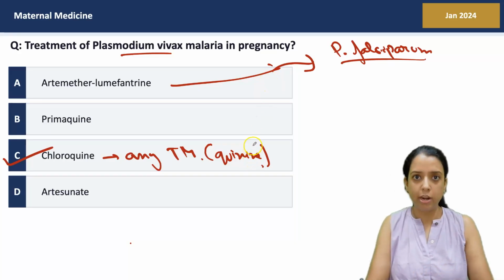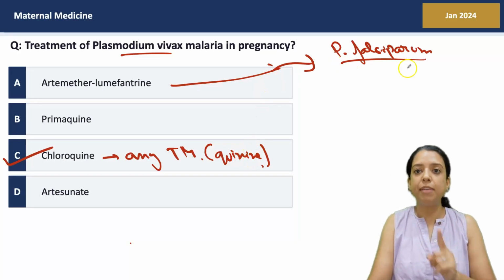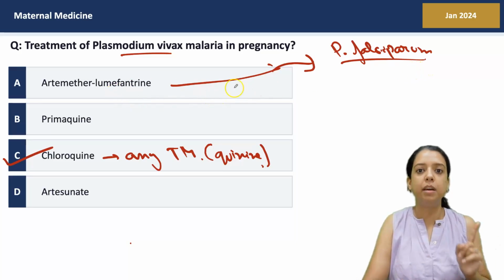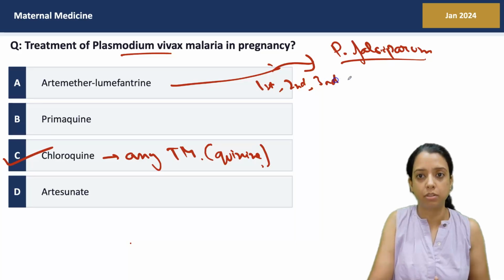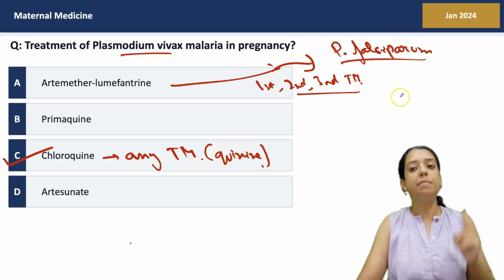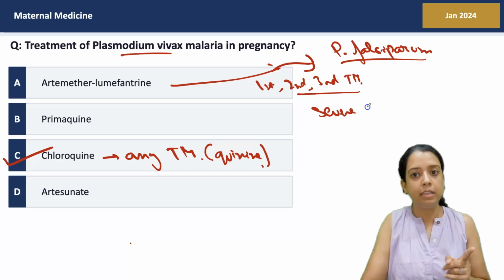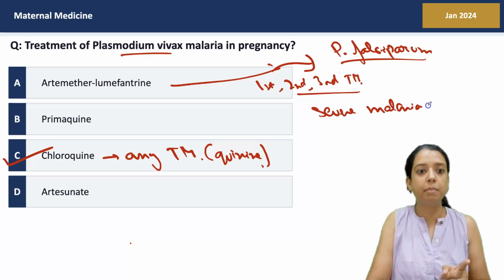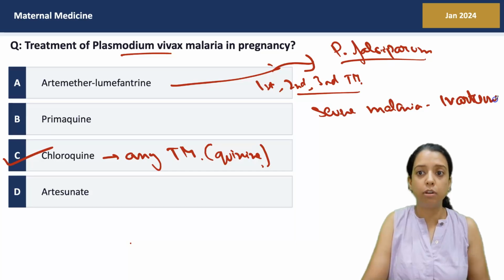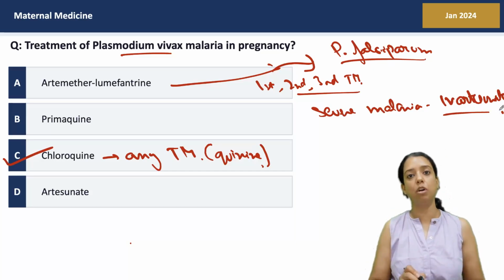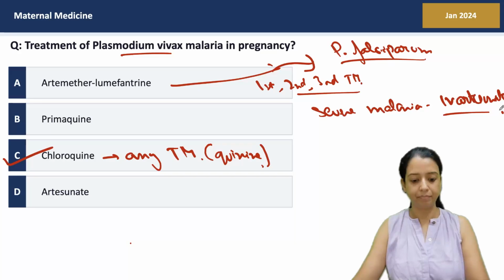But now, in 2026, changed. For P. falciparum, the treatment is artemether lumefantrine in first, second, and third trimester. Treatment for severe malaria, this also you remember, is IV artesunate. So these are the beautiful drugs. IV artesunate for treatment of severe malaria.